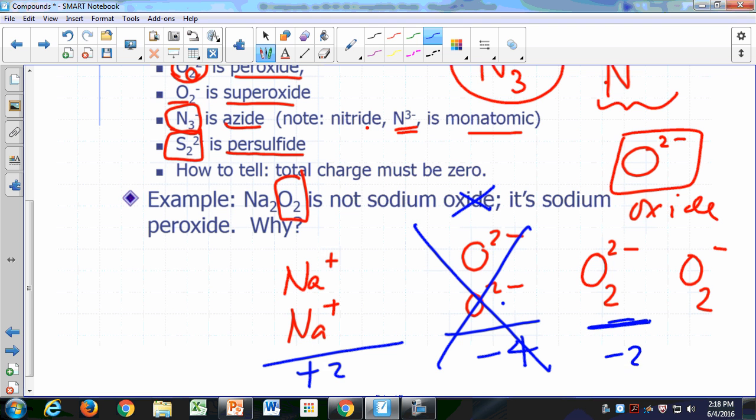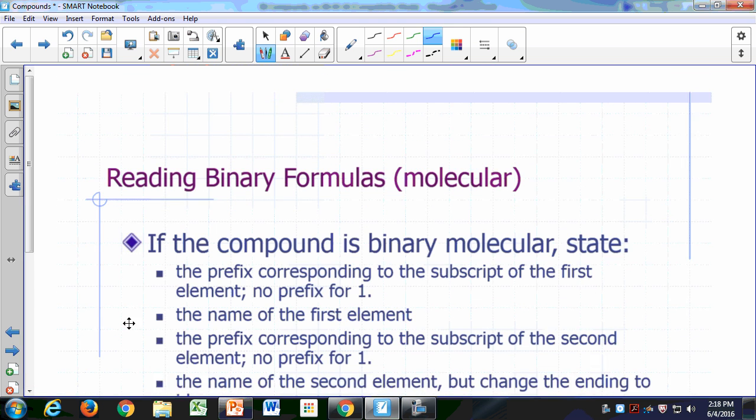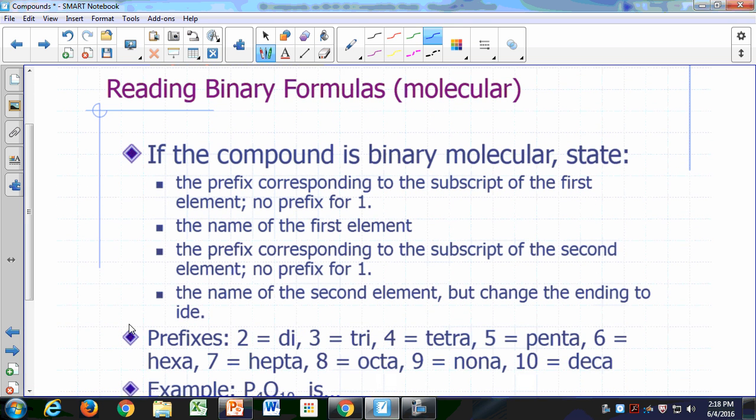Peroxide is -2, and +2 and -2 add up to 0, so this is sodium peroxide. It can't be superoxide because +2 plus -1 will not add up to 0. So be alert to that possibility. Let's now look at binary molecular compounds.